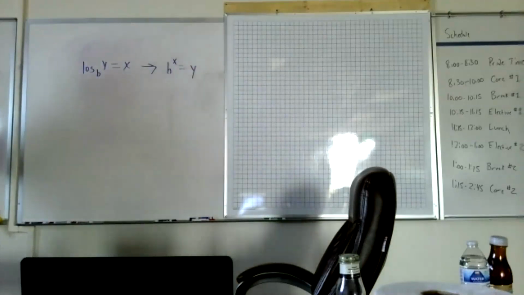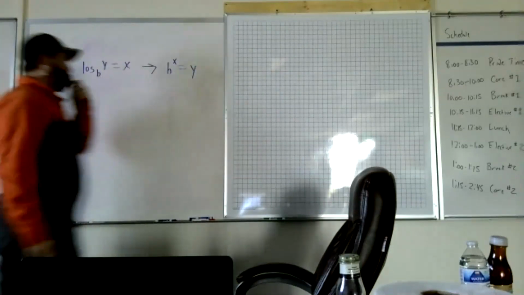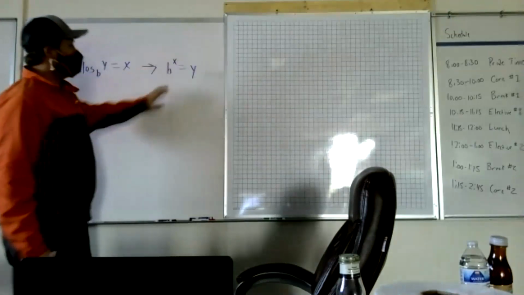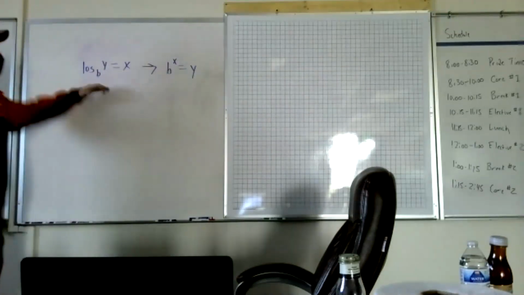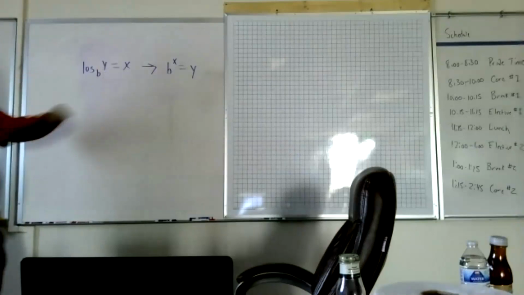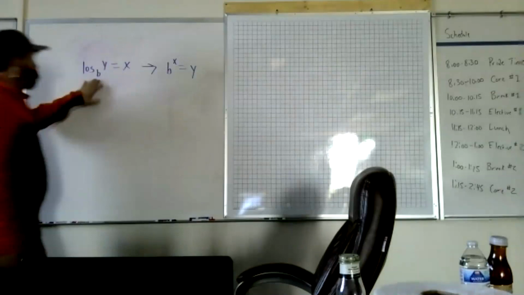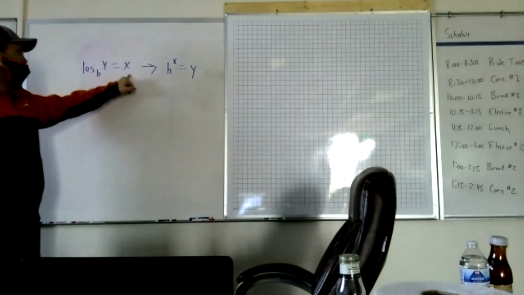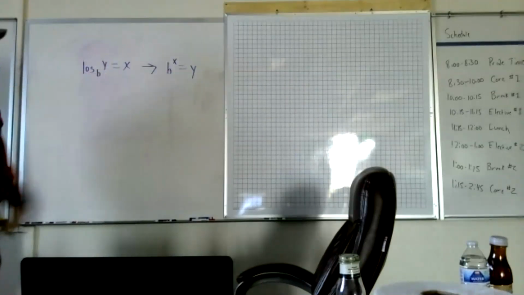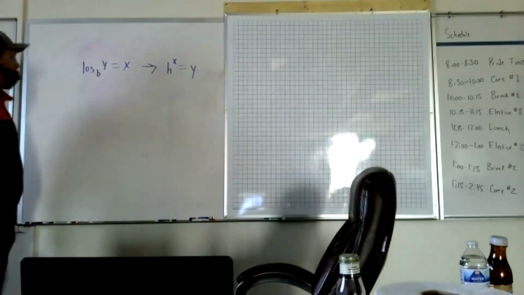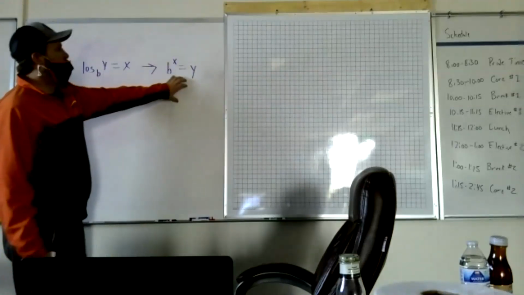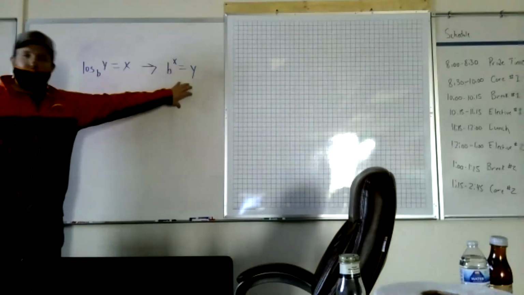Okay, and they're flippable. This is writing it into exponential format. Sometimes this is beneficial because it allows you to really isolate the variables and be able to solve it pretty easy. Like if we have the base of 2 and x is 3, and we're trying to figure out what y is, well, what's 2 to the third power? 2 to the third power is 8. So being able to switch it into this format makes it a whole lot easier sometimes.